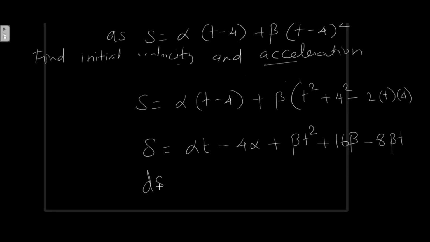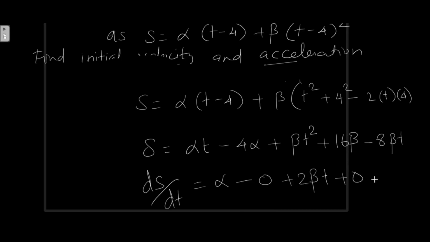So we can understand ds by dt. This is alpha, and the derivative of 4 alpha is 0. This is 2 beta into t, and 16 beta becomes 0 because those terms are constant. 16 beta is a constant, so it becomes 0.